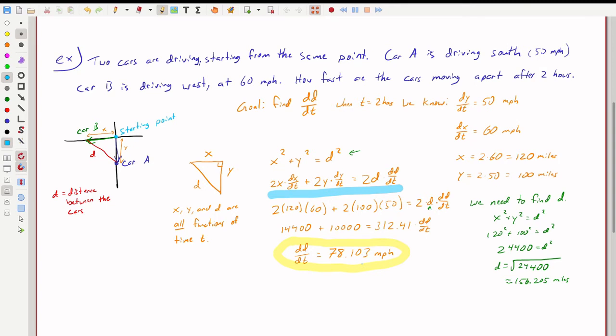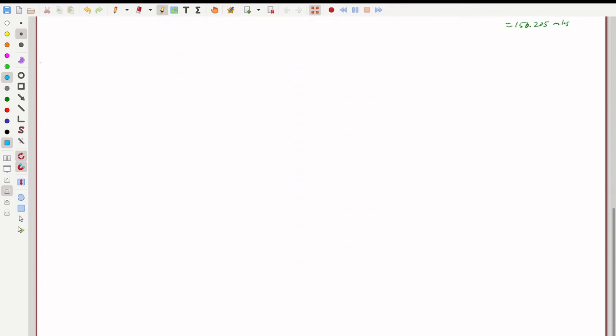All right. What I want to do is go through another example now. And as I go through this example, I want to outline a process that we can use for breaking apart these related rates problems.